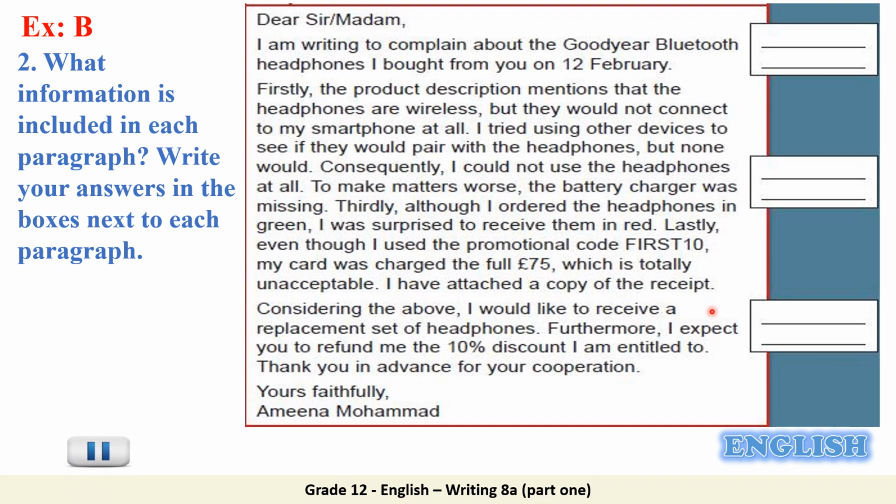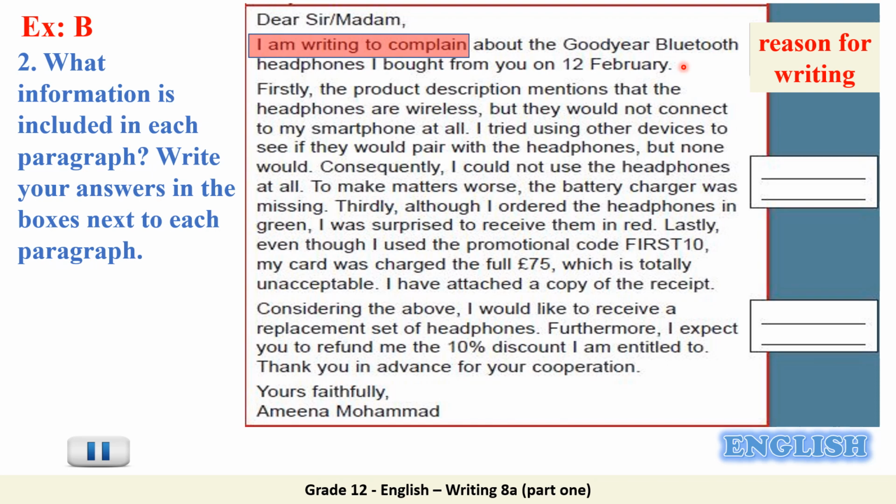Pause the video and answer. Well, in the first paragraph we have, I'm writing to complain. So, what is the function of the first paragraph? What kind of information is included in the first paragraph? Well, we have the reason for writing in the first paragraph.